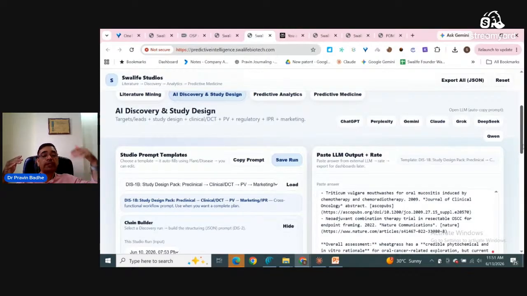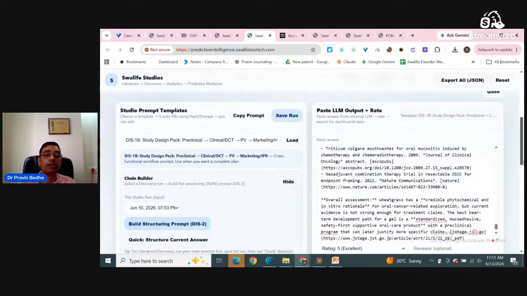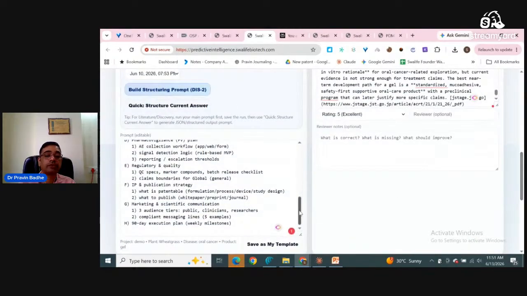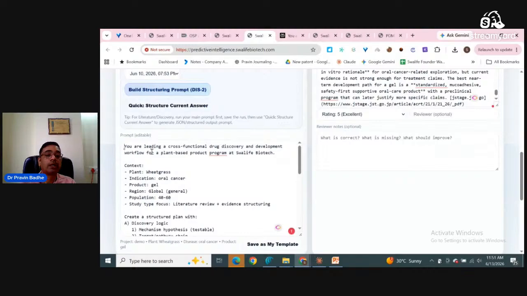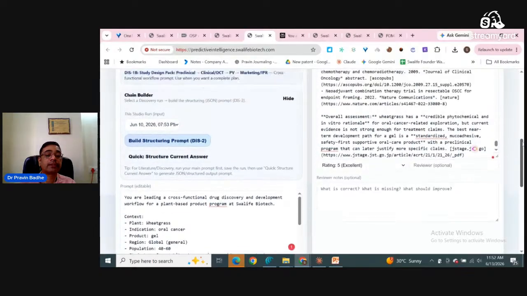If not, then it will design the study for clinical, PV, regulatory, and even IPR. So you can see here again, you will be designing the prompt to get the cross-functional drug discovery and development workflow, where your prompt is already there for oral cancer, wheatgrass.